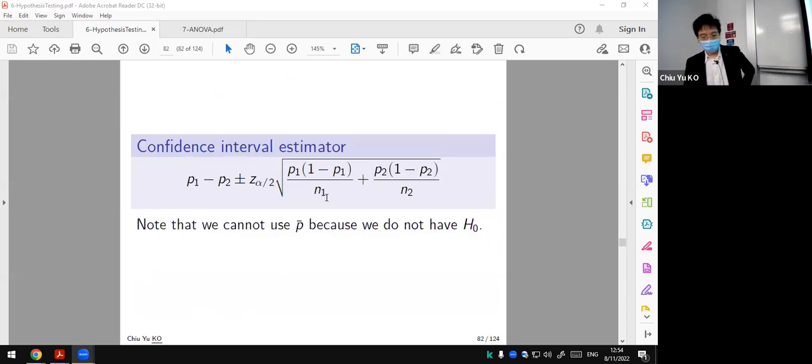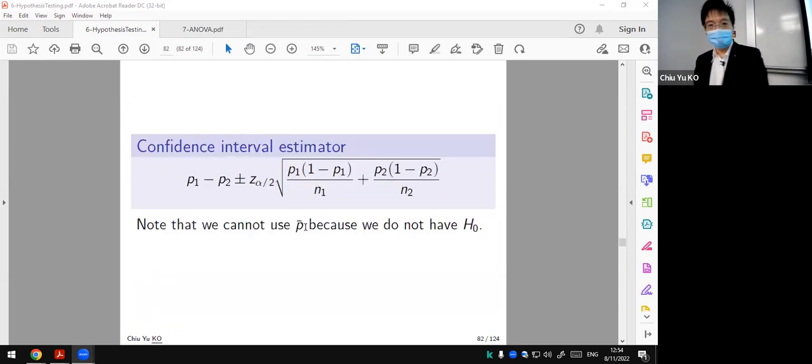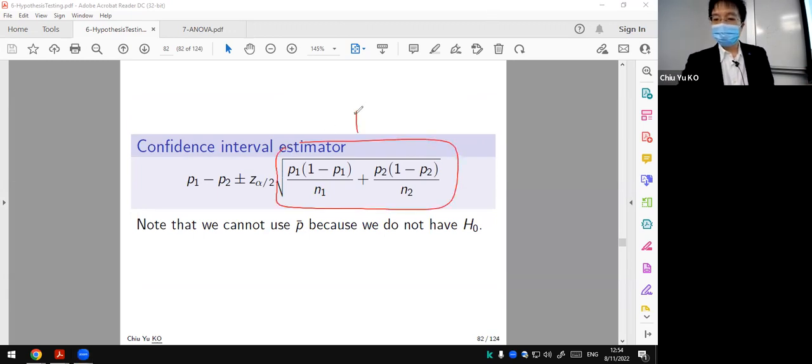Do note that when we do the confidence interval estimator, we do it when we reject the Z test. If they're different, it's meaningful to measure how much different they are, because we reject the H null. So when you calculate the margin of error, you cannot use P hat.